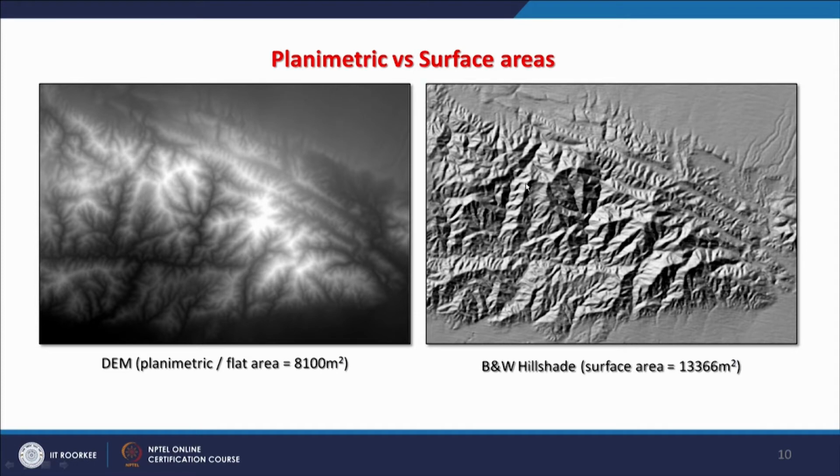and this is the same terrain, the same digital elevation model, represented through a shaded relief model, where the z axis has been given. Basically it has been used as a z axis, and therefore you now have sloping areas as well.